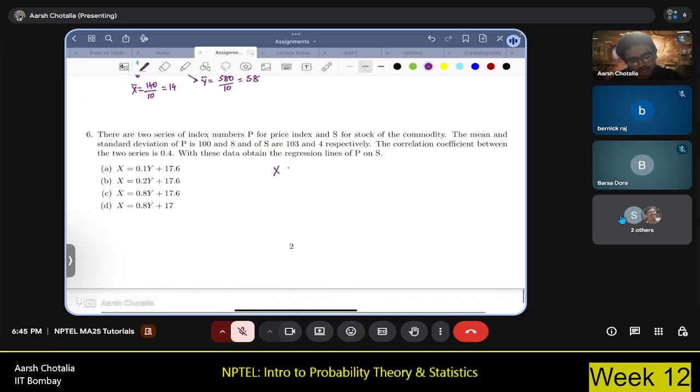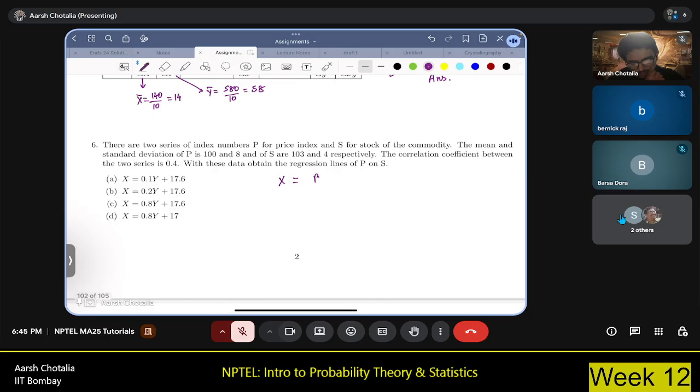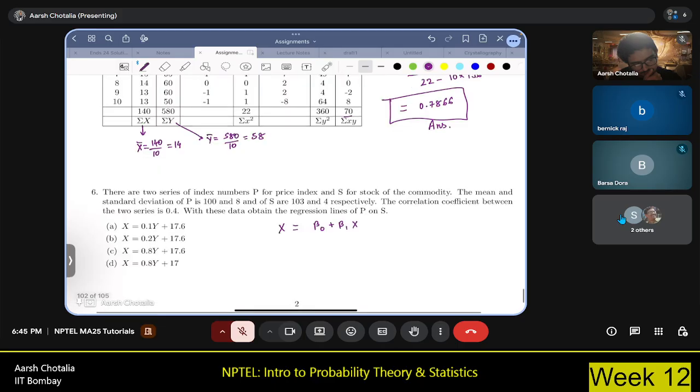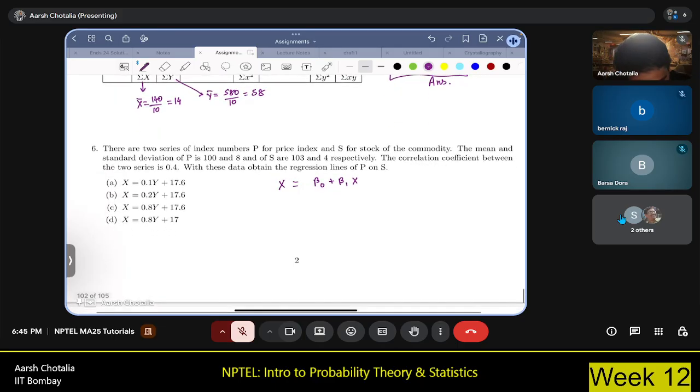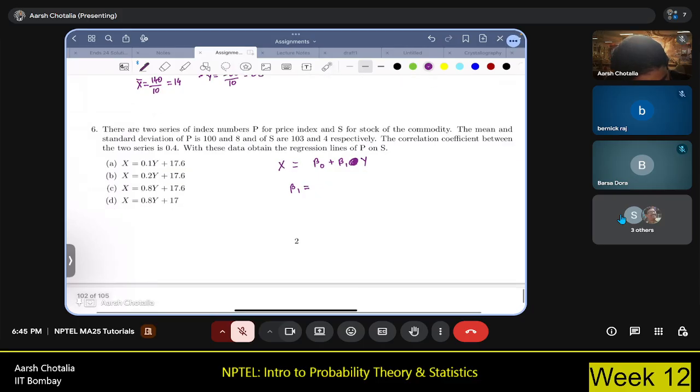Okay. Regression line is always x is equal to beta naught plus beta 1 times y. So beta 1 would be, then what was the formula?